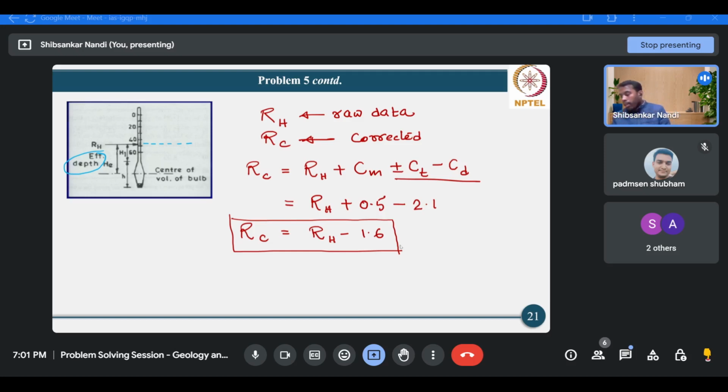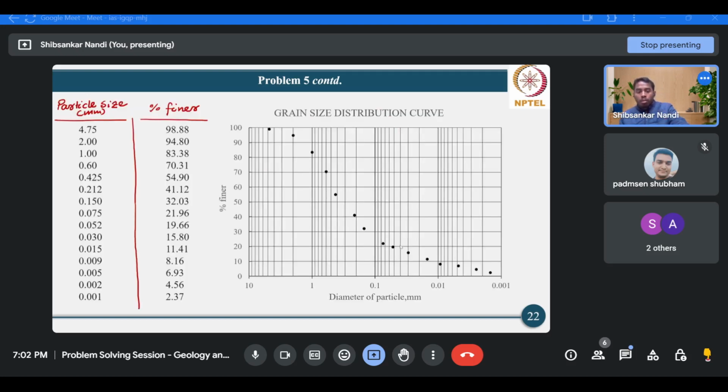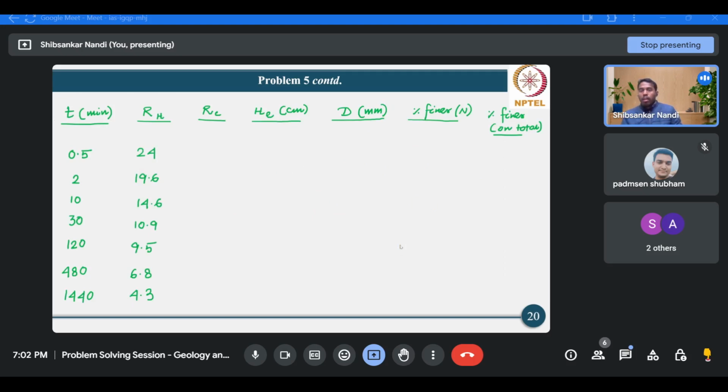In this way you can correct the hydrometer data from the raw data after implementing the three types of corrections: meniscus, dispersing agent, and temperature correction. Now we'll use this table. In the first column the time intervals are noted, in the second column the raw hydrometer reading, and in the third column we'll calculate the corrected hydrometer reading.